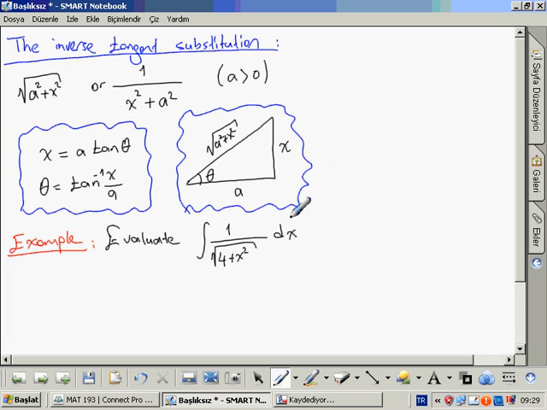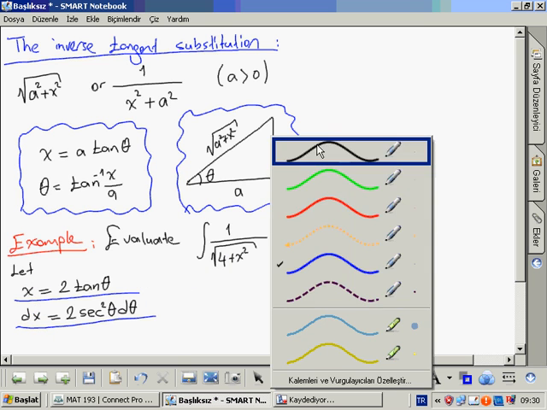As you see in the denominator part, we have just found the x square plus a square form, so we can use inverse tangent substitution, and let x equal 2 tangent theta, and dx equals 2 secant square theta d theta.